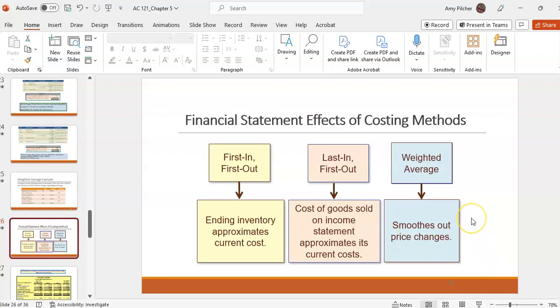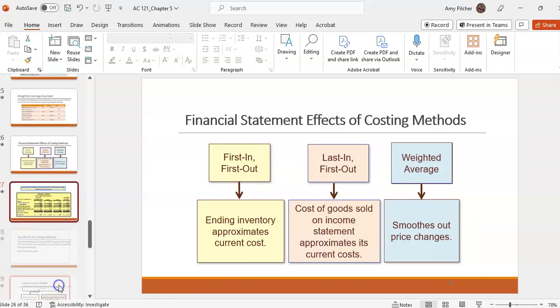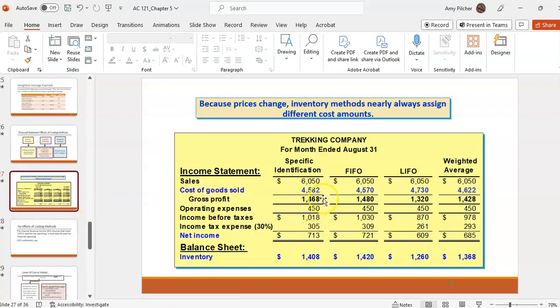The weighted average method smooths out any price changes we have in our industry by averaging them out across all of our units. So we can see the different effects here of the cost of goods sold between specific identification, FIFO, LIFO, and weighted average. And because of that, there are different tax burdens. So companies use LIFO for the tax benefit. That's the main positive of using LIFO.